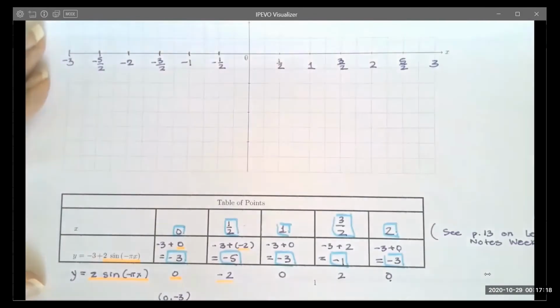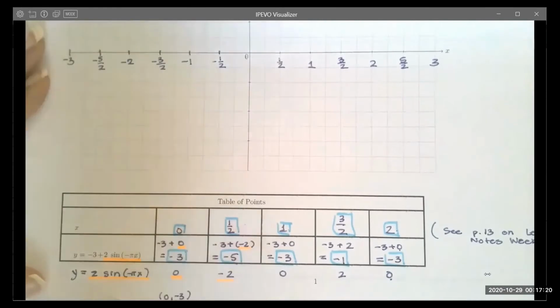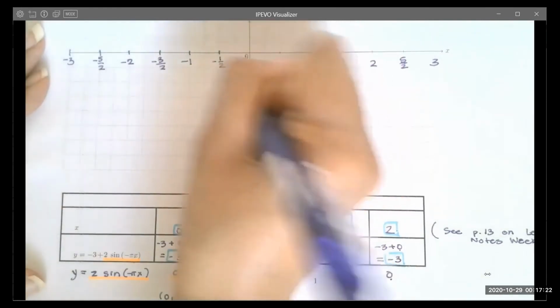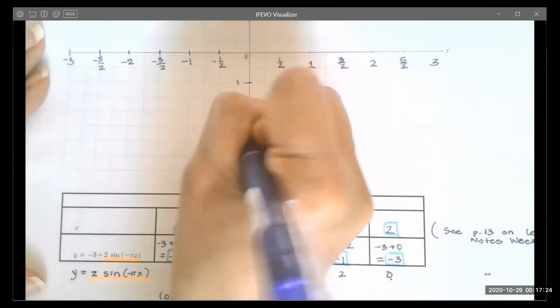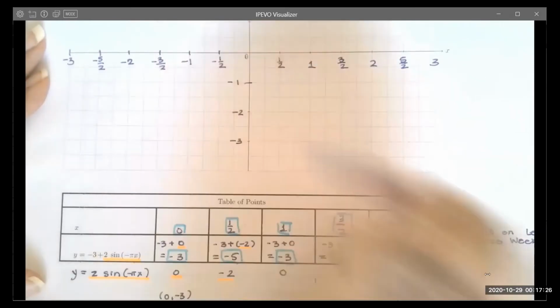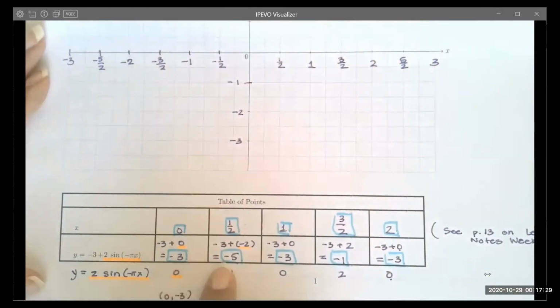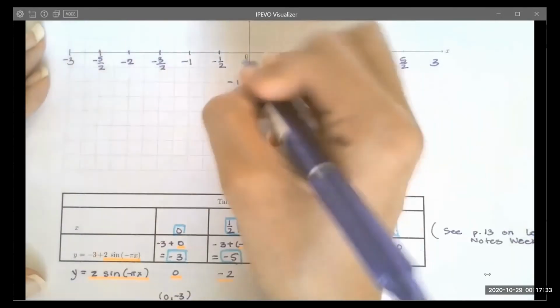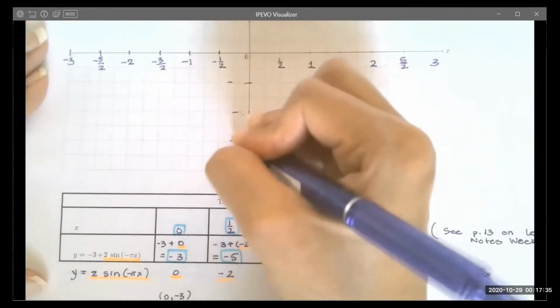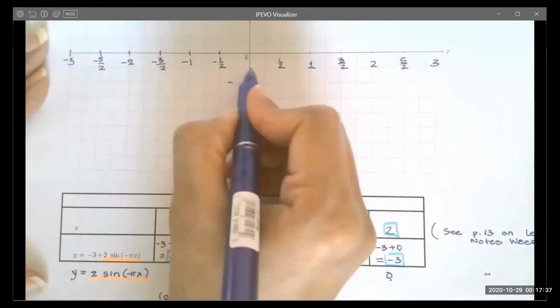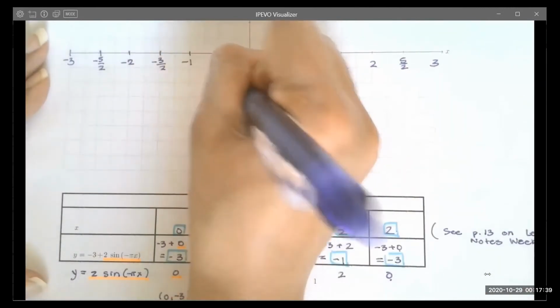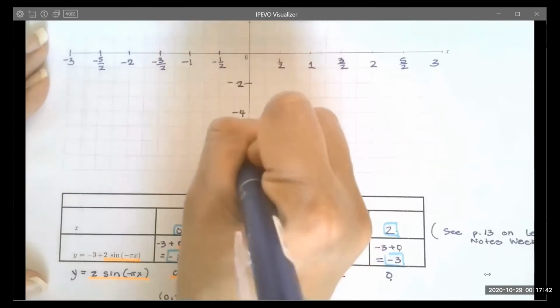Now at 0, we go down to negative 3, and actually I didn't label those, so let me label those real quick. Actually, I'm going to have to change those tick marks because we have to go all the way down to negative 5, so this will be negative 1, then negative 2, negative 4, and negative 6.